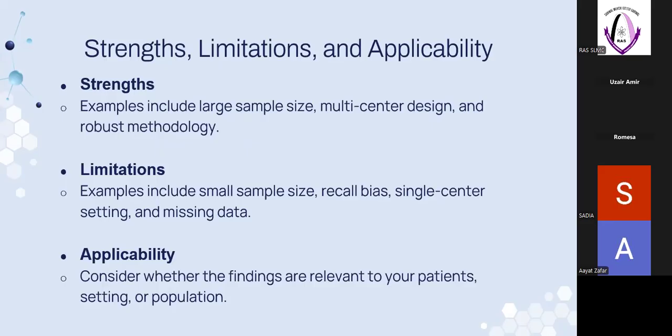When you're making that table, always mention the strengths and limitations of each and every single study. Why does it help? Because it helps you find the research gap. If you know the strengths and the limitations, then you can find the difference between your study and the already published literature.